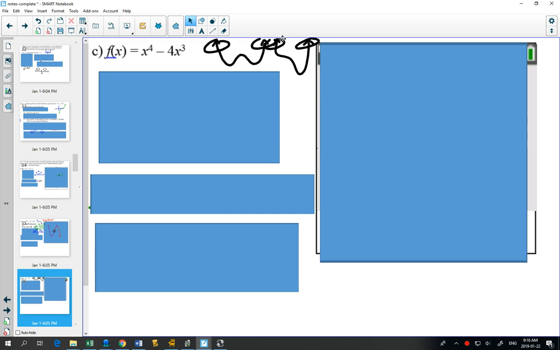Can you see that there's possibilities for changes in inflection? If it was this W graph, it looks like those points are where it changes from concave down to concave up, back to concave down. If it was this second graph that I have, it looks like there it's concave up, there it's concave down, and then it's concave up again.